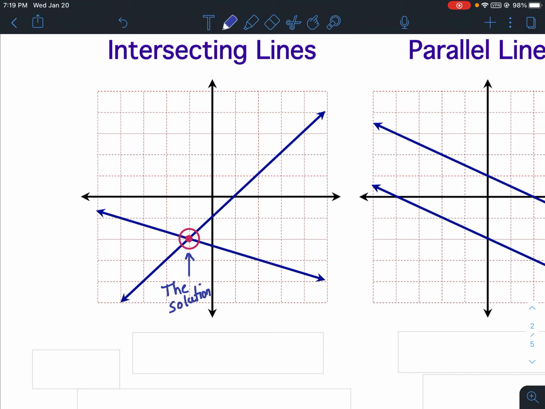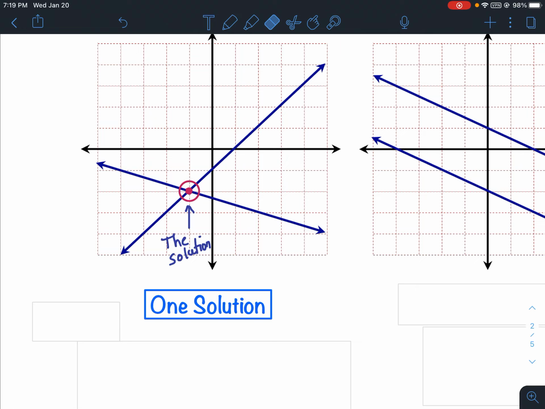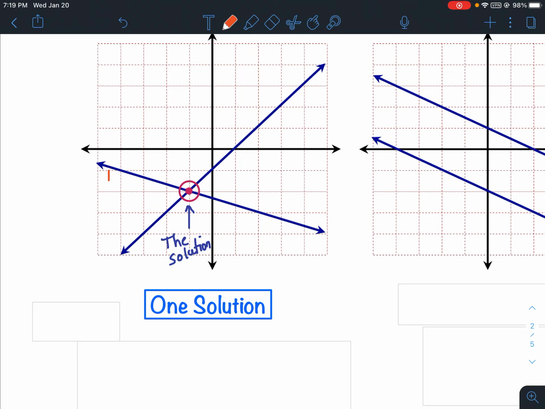And because they intersect, it is a one solution problem. If we were to figure out the slopes of these lines, we would know that they are not equal. Label this up here line 1, and this here line 2. Obviously, they slant differently, so the slope of line 1 does not equal the slope of line 2. So that point there is the solution.